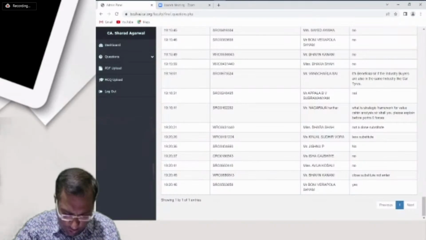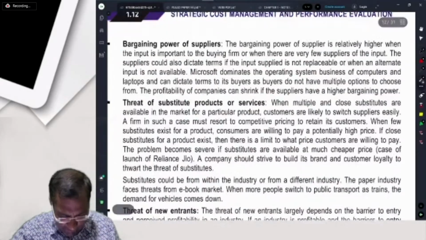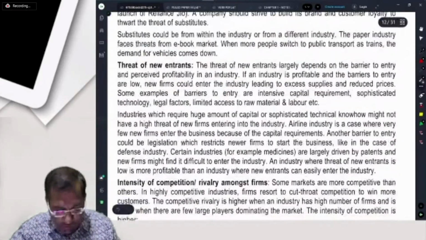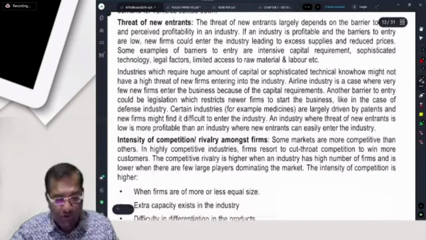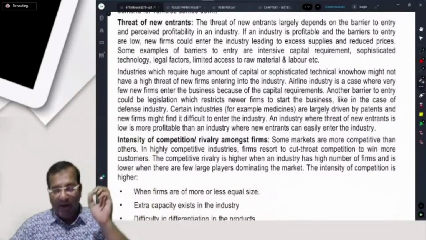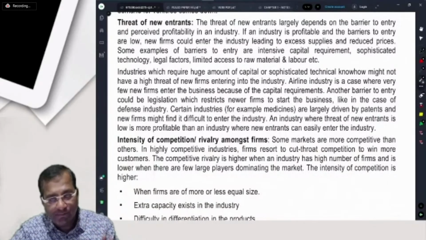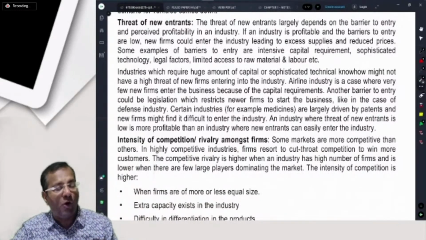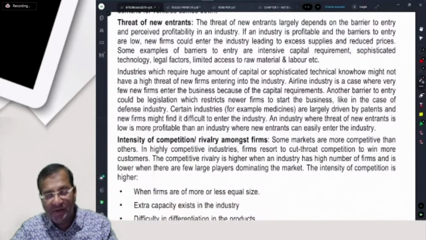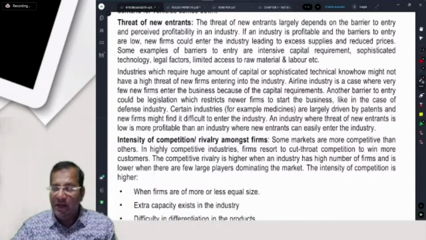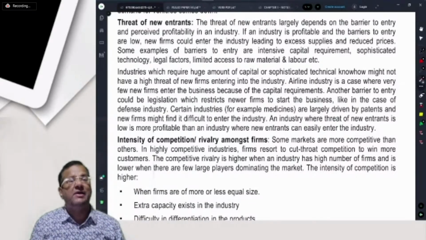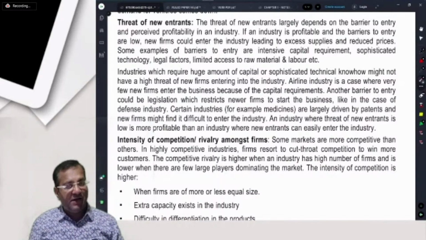Okay, beta. The fourth point, threat of new entrant. If the entry to an industry is very easy, it means competition among the companies is bound to increase. If the competition is there, then definitely new players entering the market will face much difficulty to survive in that market.